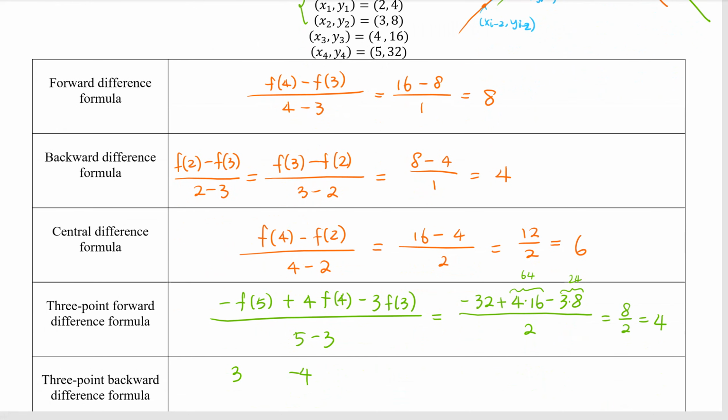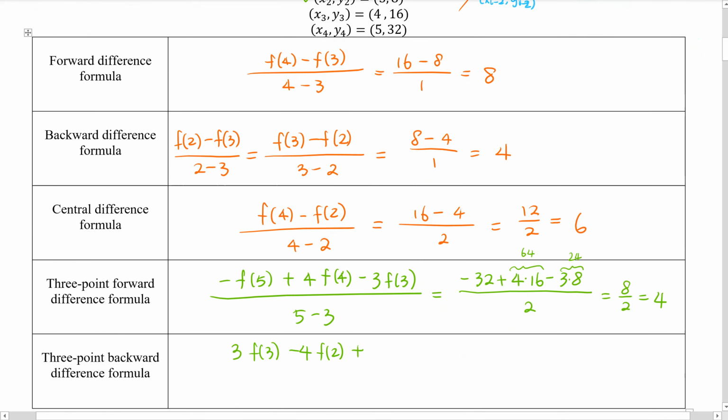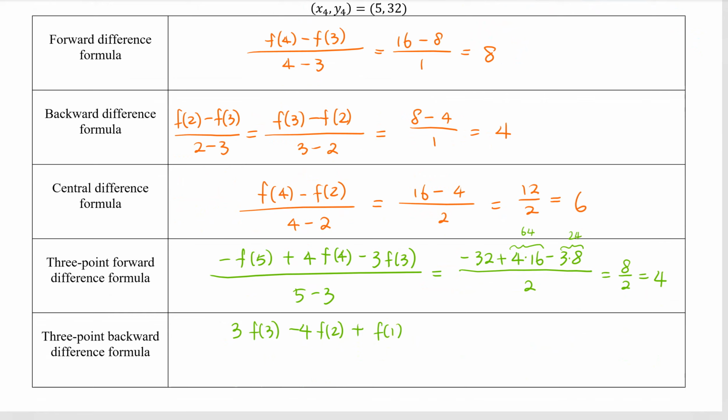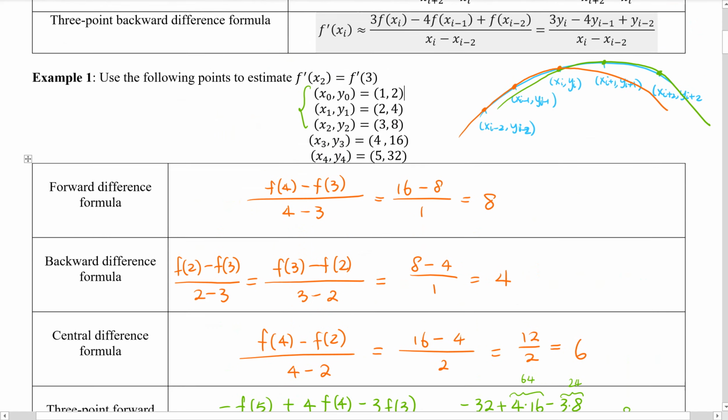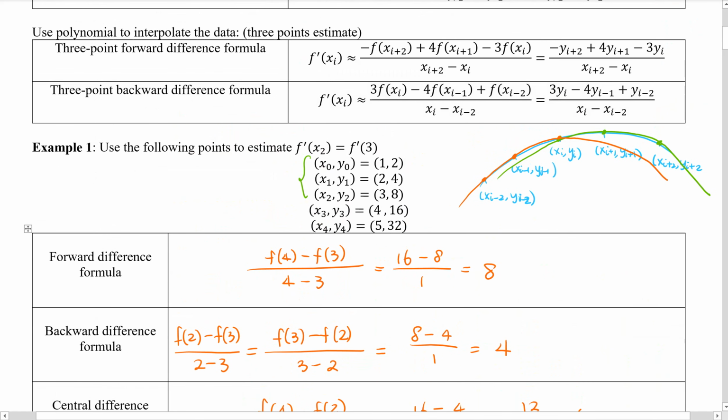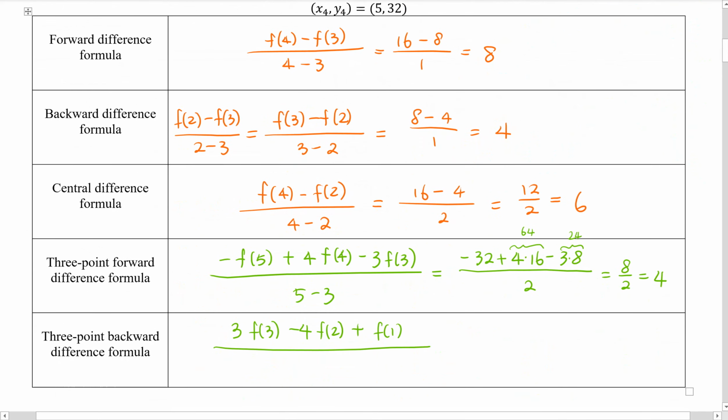So 3 f of x_2, which is 3, minus 4 f of x_1, which is 2, plus f of 1. And we use x_i minus x_{i-2}, so we use 3 minus 1.